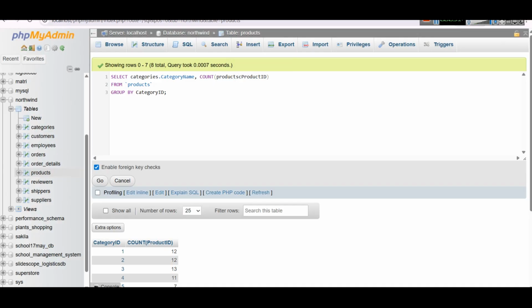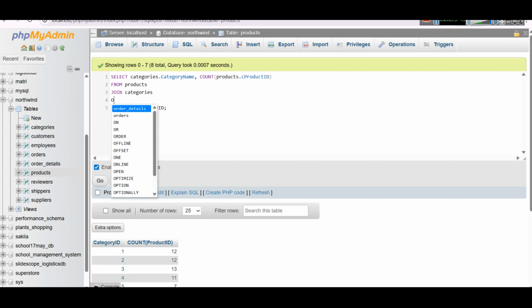The only difference is that now when we write these column names, we are referring to their original tables. You will write from products, then without joining we cannot select data from two tables, so we will simply write join categories. So: from products join categories.